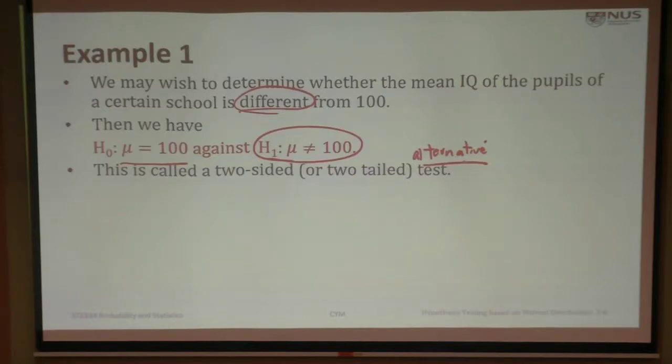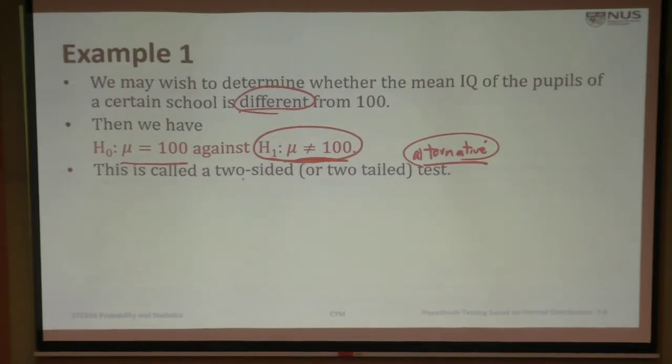And for a two-side alternative, we apply a test procedure. It's called a two-side test or two-tailed test. So this is called a two-side alternative, and then the test used to test the two-side alternative is called a two-side test.